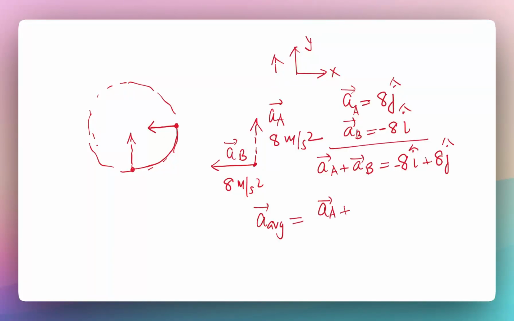So that's how we find the average. So we divide by 2, and that's going to be minus 4i plus 4j. When we are dividing a vector, we just divide the x component and y component separately, so this is simply dividing by the integer. So it's minus 4i plus 4j. That is going to be our average acceleration.